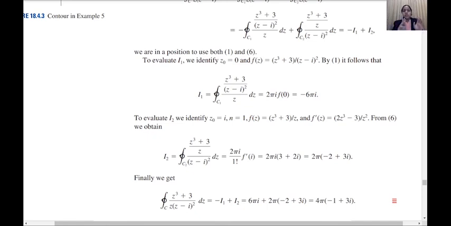So basically we use Cauchy's integral formula to determine contour integrals of the form integral over C of f of z by (z minus z naught) into dz. Whereas Cauchy's integral formula for derivatives will be used to determine integrals in which the denominator, that is z minus z naught, will be having some power, like (z minus z naught) raised to 2, (z minus z naught) cube, and so on.